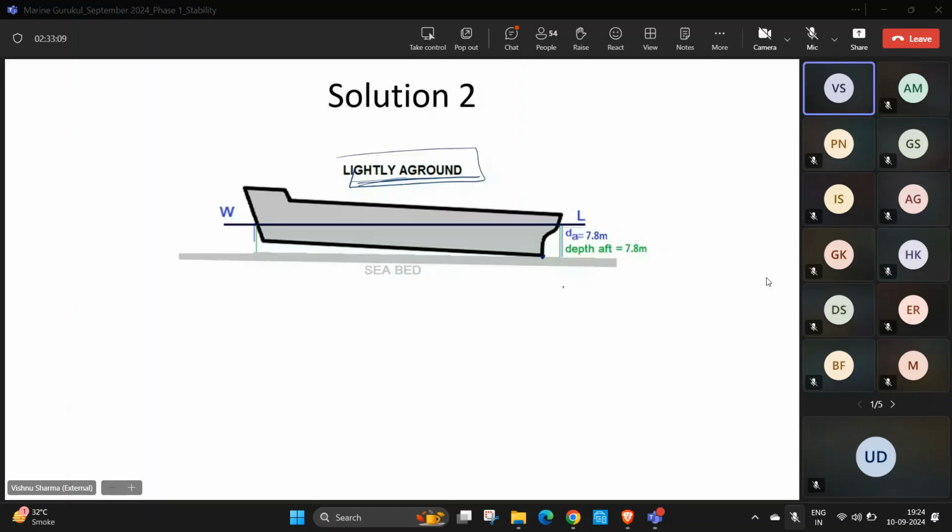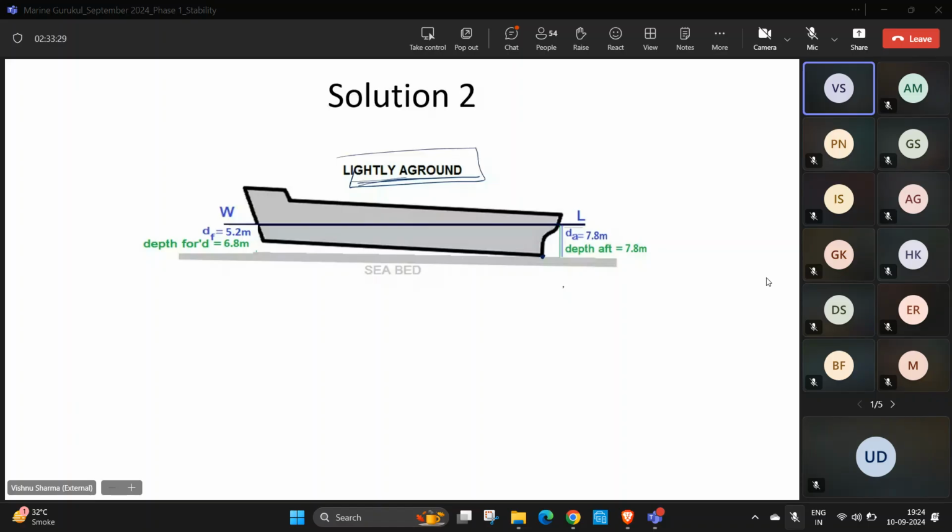And what is the draft forward? 5.4. Very good, shabash. Whatever it was initially, 5.2. Why 5.4? It was 5.2, na beta? Sir, that was by mistake. Okay, fine. Then as long as you are right, it's okay. 5.2. It is the same draft with which she entered.